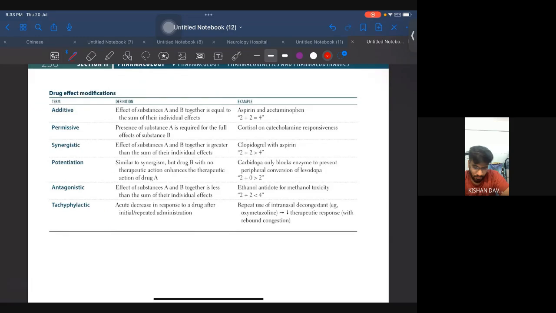Now drug effect modification. Okay, so as we saw, already we saw one of the effects, right? Not synergistic, we saw the permissive effect, cortisol on catecholamine responsiveness. Okay, so we saw this in endocrine in the cortical part.